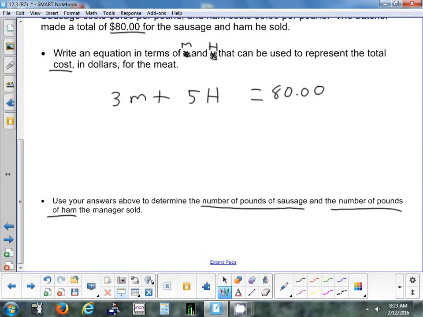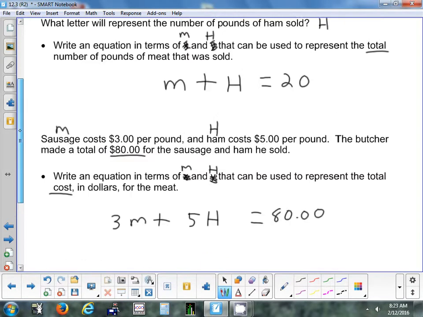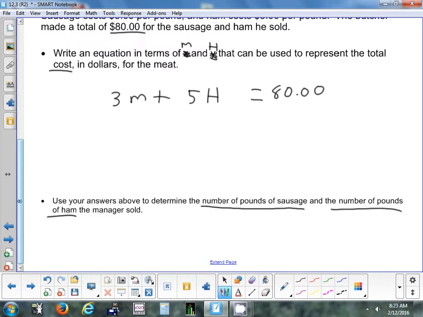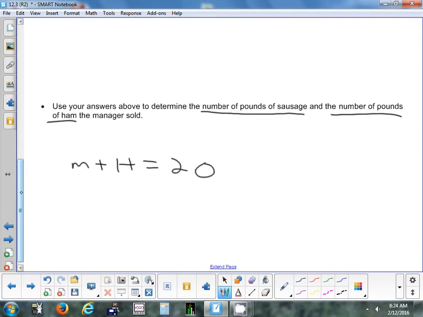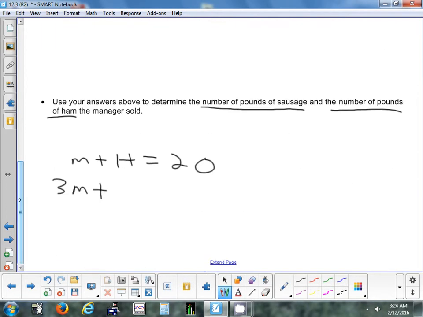What I'm going to do so you guys can see it, I'm just going to copy down our 2 equations. M plus H equals 20. That's how much stuff the butcher sold. 20 pounds of meat. And 3M plus 5H equals 80. That's the cost of what he sold.